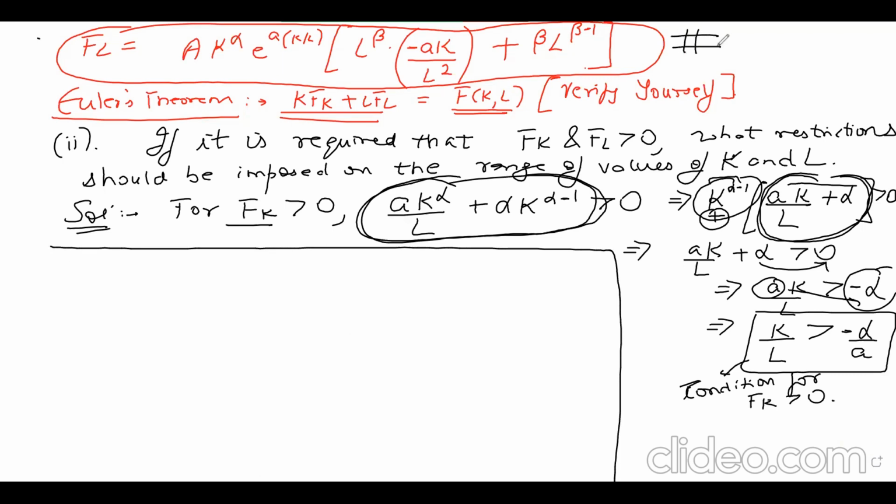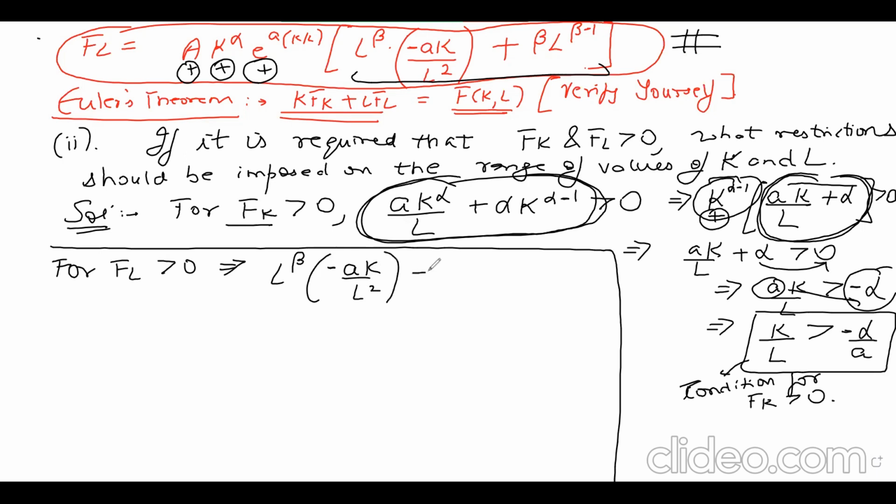So I can say that for FL to be positive, it implies A is positive, K to the power alpha is positive, E to the power AK by L is positive. That means the term inside the bracket should be positive. That means L to the power beta times minus AK by L square plus beta L to the power beta minus 1 should be positive.